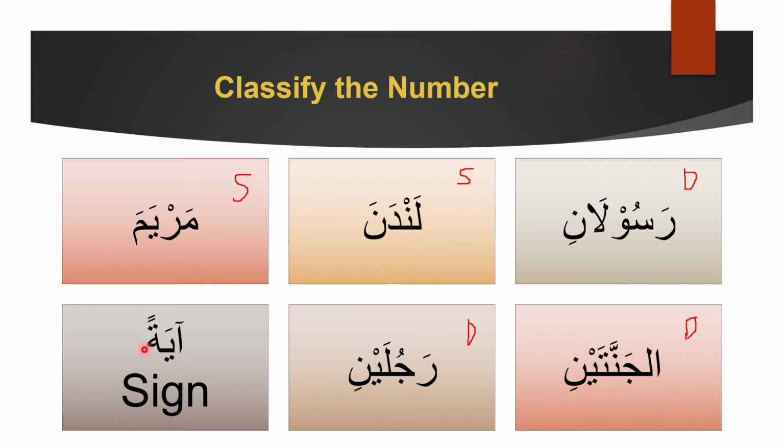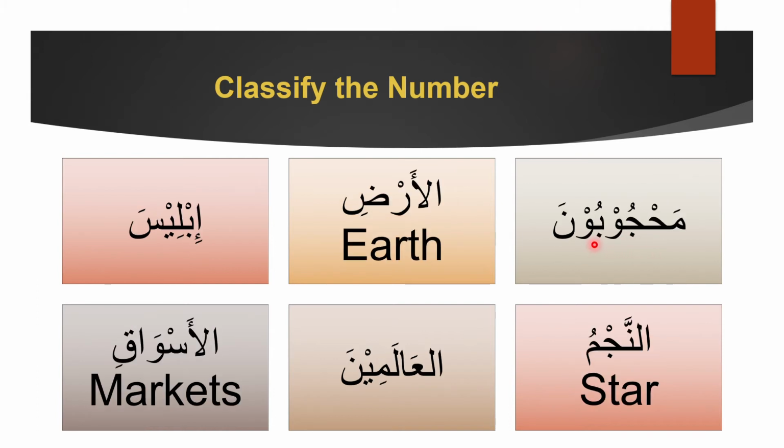Next, ayatan. First of all, we have to see what this means. It is singular or broken plural because it's definitely not a combination. We look at the meaning, and we find it's singular because a sign is just one thing. Mahjubuna. Come on, this is simple. It's una, which means it's a masculine plural.